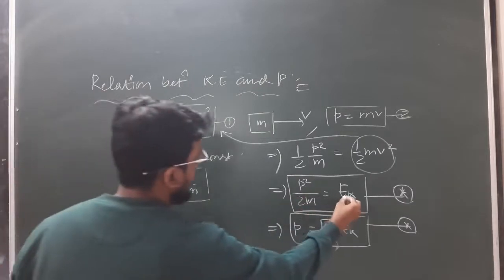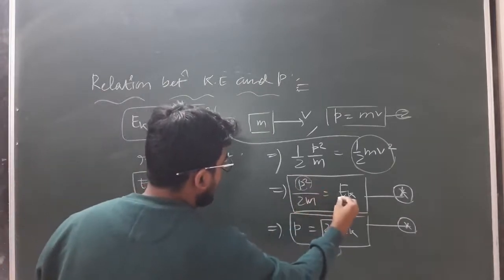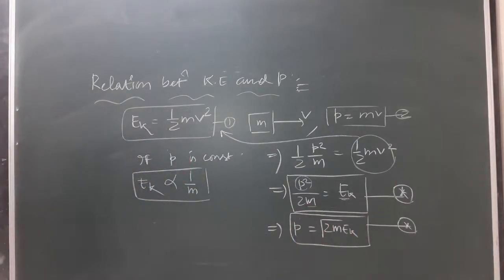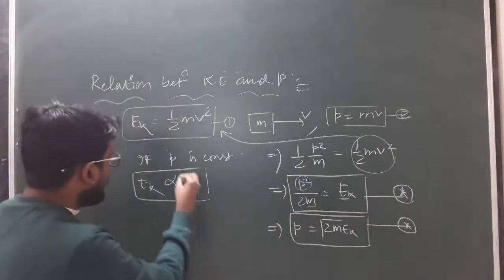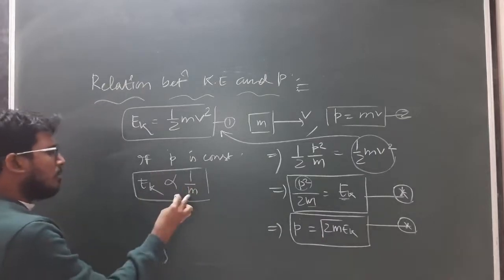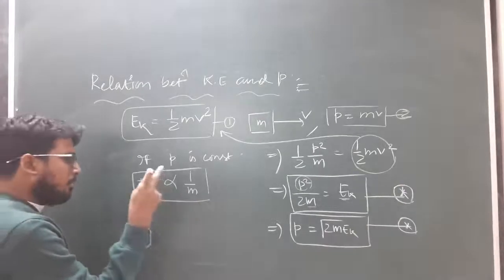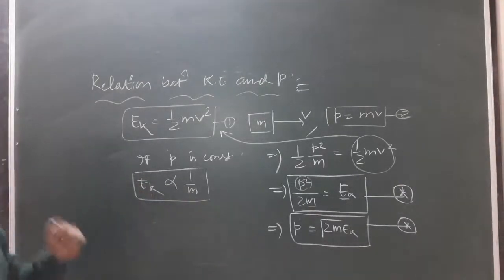If P is constant, kinetic energy is inversely proportional to mass. Clear? So if momentum is constant, the body which has more mass has less kinetic energy, and the body which has less mass has more kinetic energy.